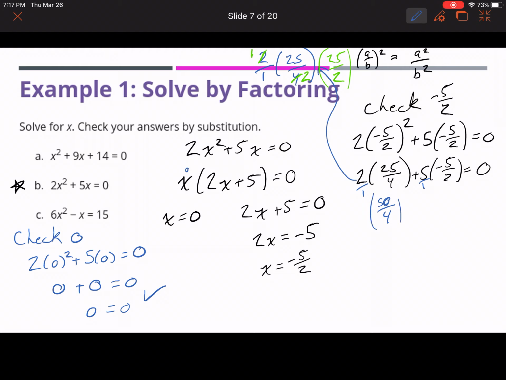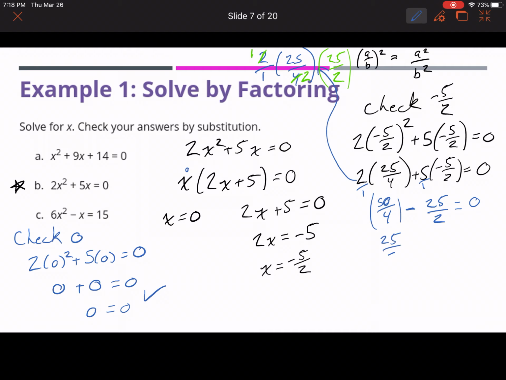And then I've got minus 5 times plus 5. So we're changing the sign. A negative and a positive means a negative. So we've got 25 on the top and 2 on the bottom. So now 50 divided by 4, we can divide both of those by 2 to find our lowest fraction.